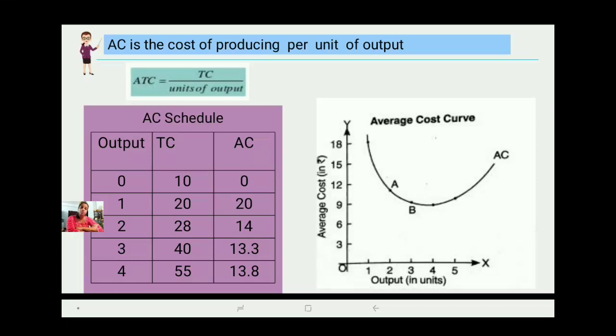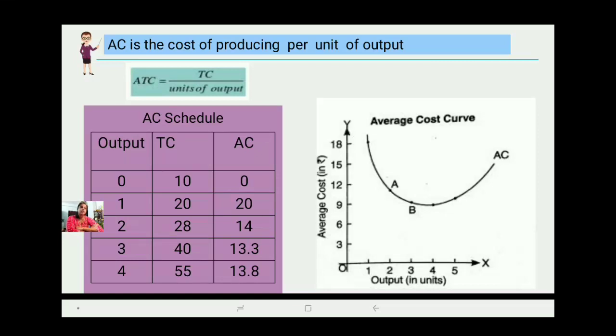For output 0 to 4, when we combine variable cost and fixed cost, our total cost is 10, 20, 28, 40, 55. Similarly, when we divide total cost by the output produced, we get the average cost, which is 0, 20, 14, 13.3, 13.8.